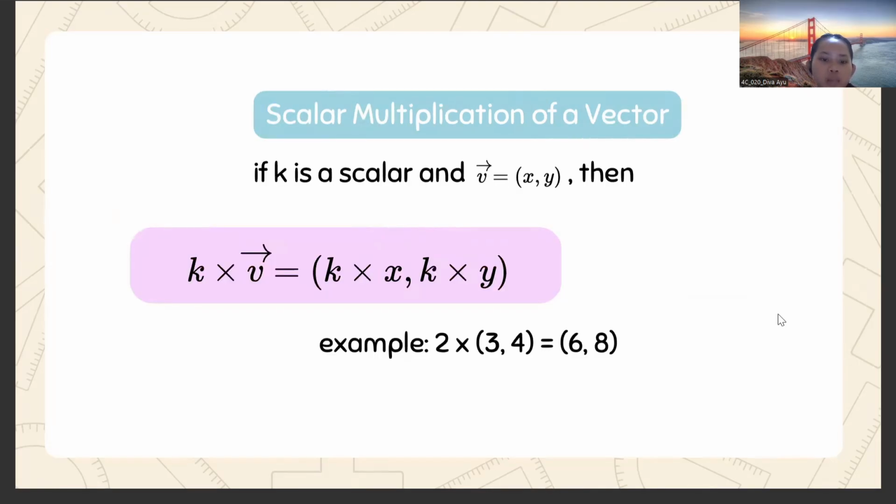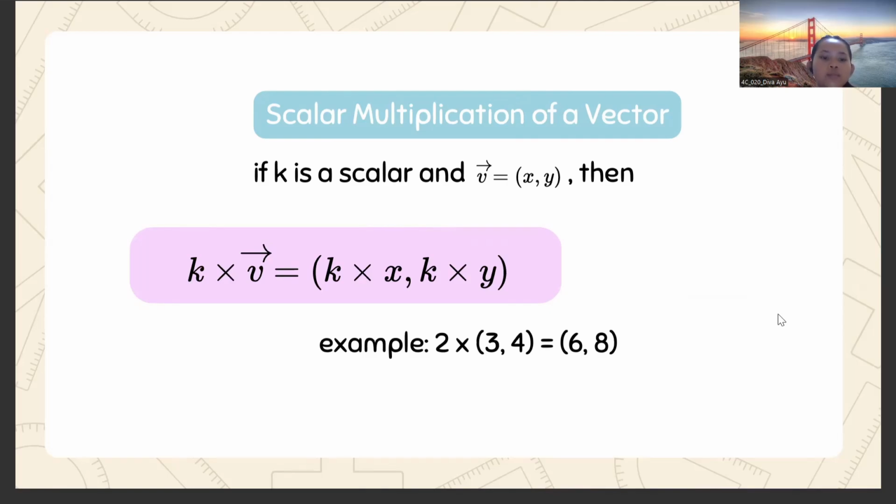Next is scalar multiplication of a vector. Another important operation is scalar multiplication. A scalar is simply a real number. When a vector is multiplied by a scalar, every component of the vector is multiplied by that number.